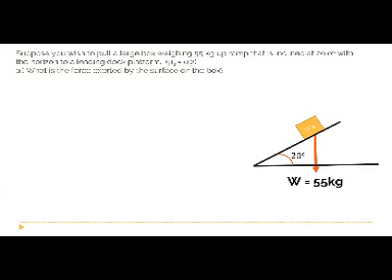So this is the weight, which is equal to 55 kilograms. The normal force, so we also have an applied force. The normal force is the unknown, the force exerted by the surface to the box. Since the normal force is not directly opposite to the weight, we need to solve for the force that is directly opposite to the normal force, and that is the y component of our weight.